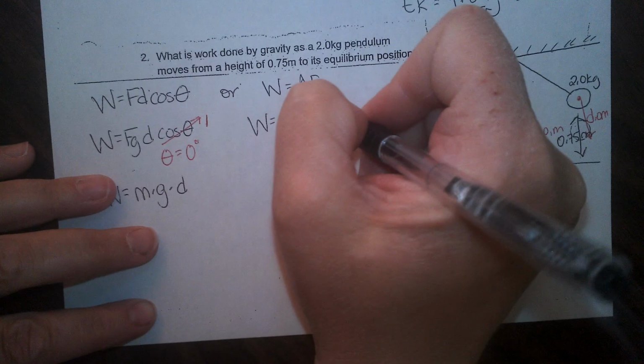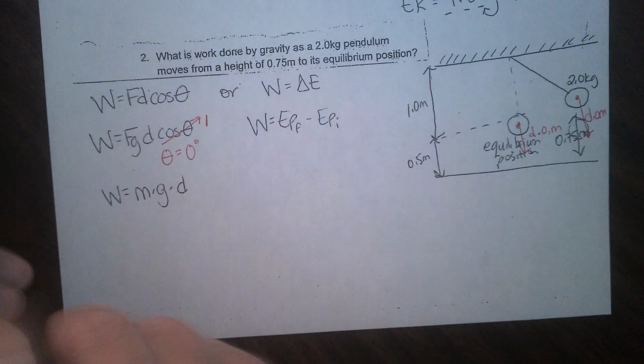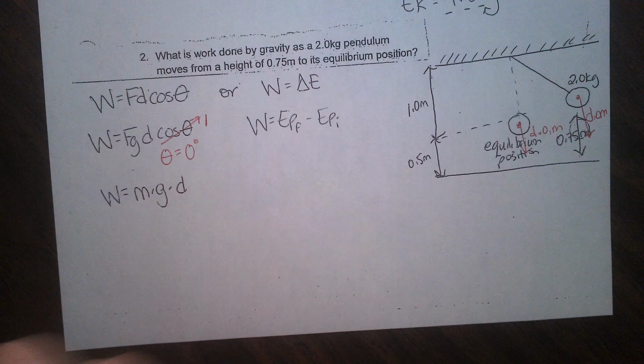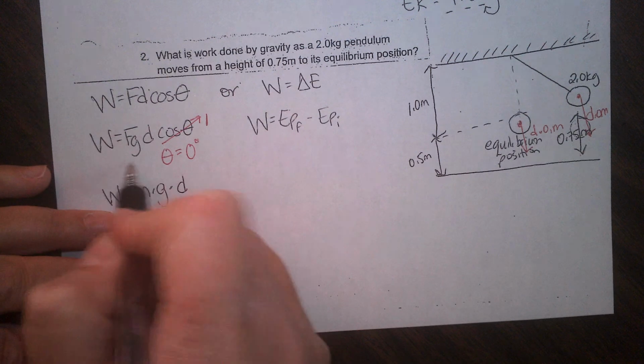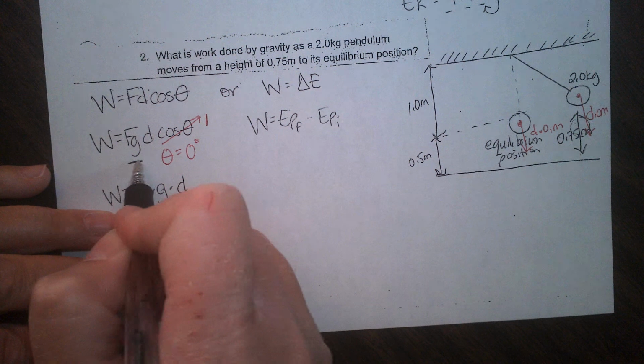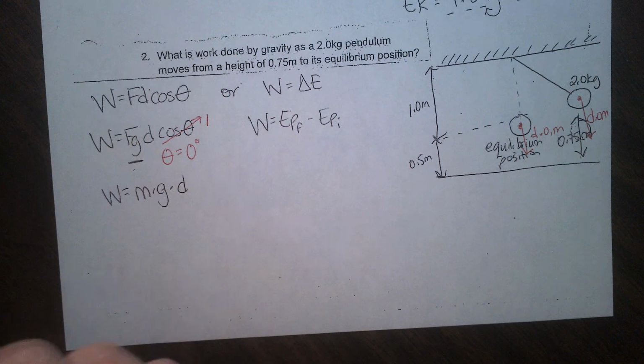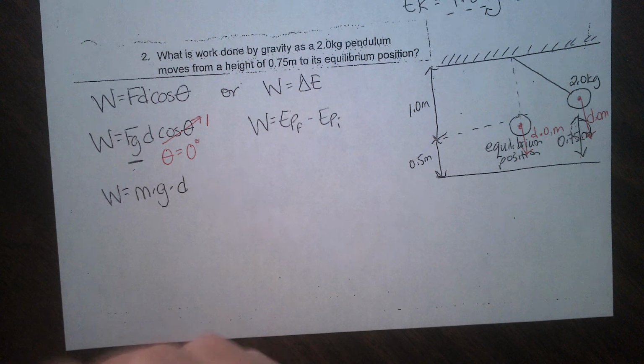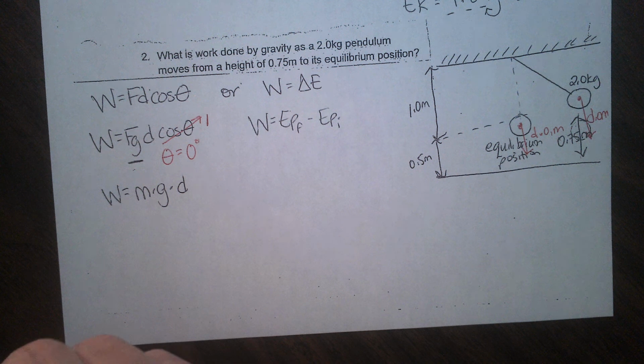So EPF minus EPI. Now in this particular case, which potential energy are we looking at? This should be a key word here. Which potential energy are we looking at? A ball hanging on the end of a string.